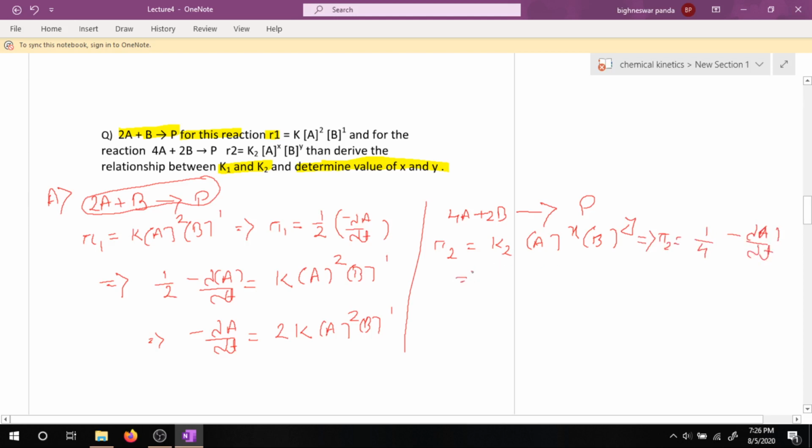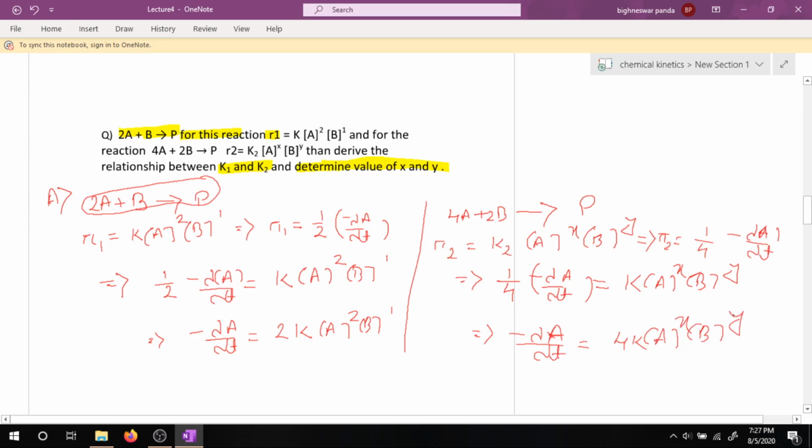Or I can simply say that by comparing R2, 1 by 4 minus dA by dt is equal to k into A to the power x, B to the power y, or minus dA by dt is equal to 4k A to the power x B to the power y.